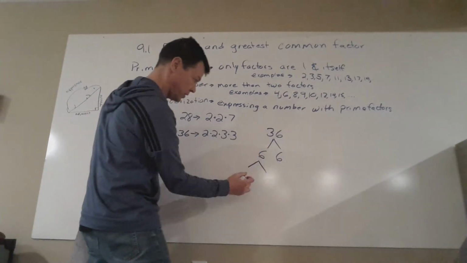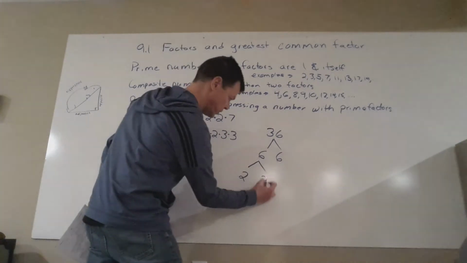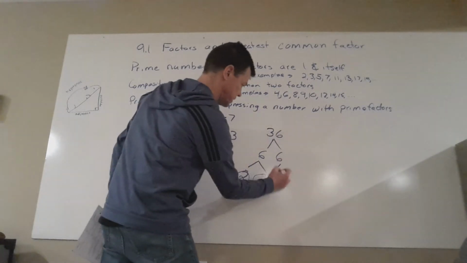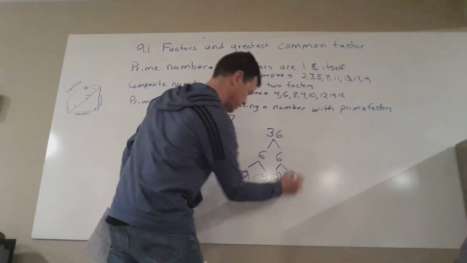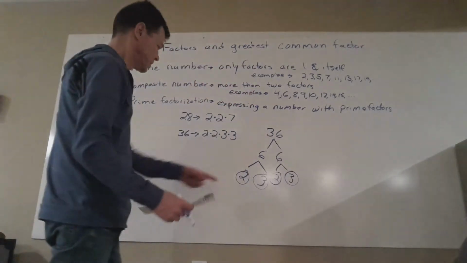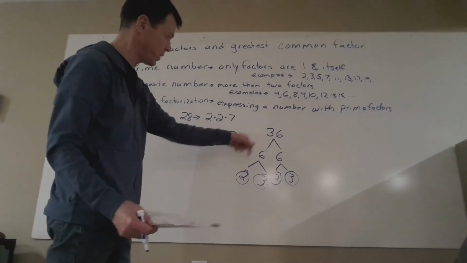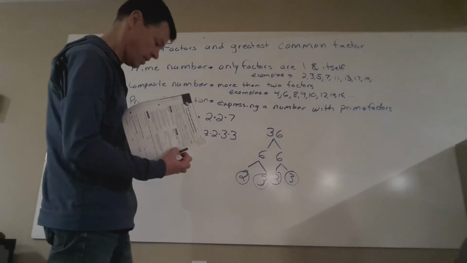So two more factors of 6 would be 2 and 3, prime, prime. 6 again, 2, 3. And I just circled the primes. So I have two 2's and two 3's. That's a prime factorization tree, just an easy way of organizing your information.